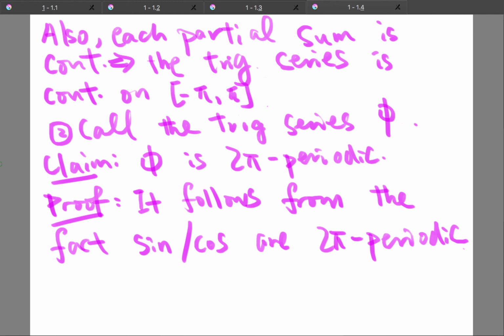And if I call the trigonometric series phi, then I claim that phi is a 2 pi periodic function. Why? Because sine and cosine are also 2 pi periodic, and so the trigonometric series is simply the limit of the sum of those sine and cosine, which are also 2 pi periodic, and so the trigonometric series itself is also 2 pi periodic.